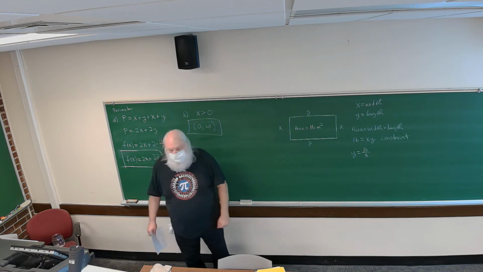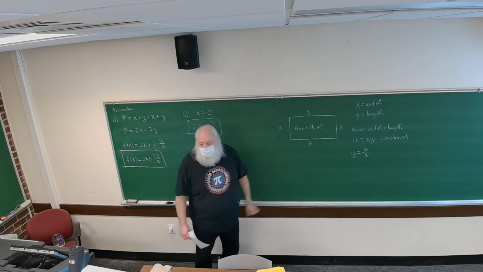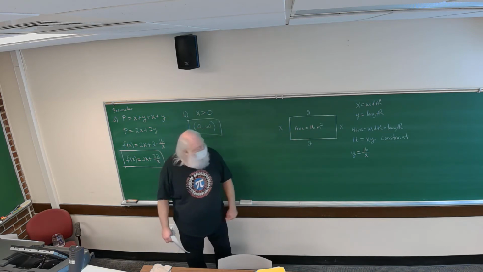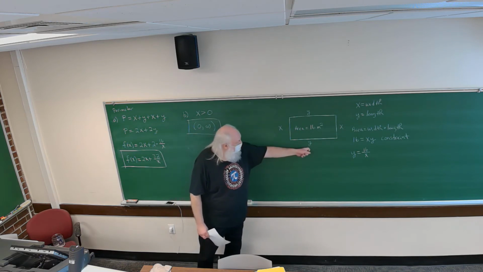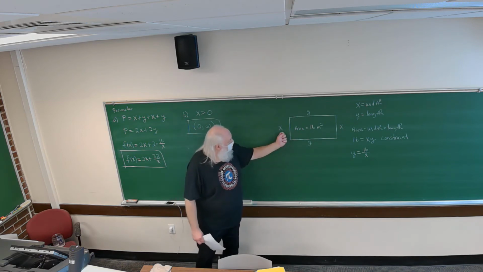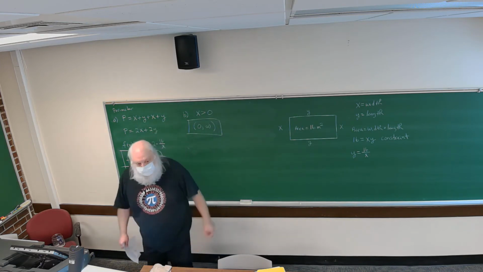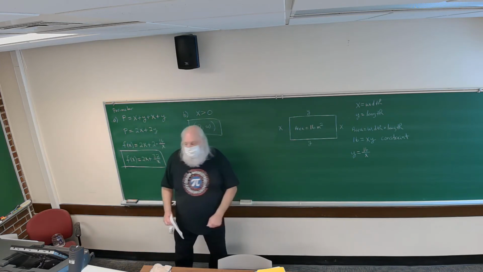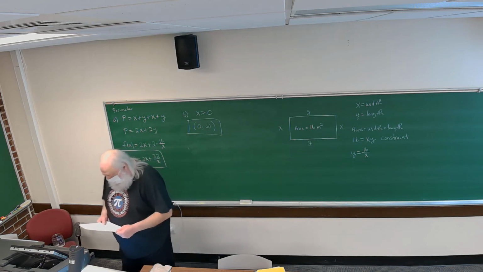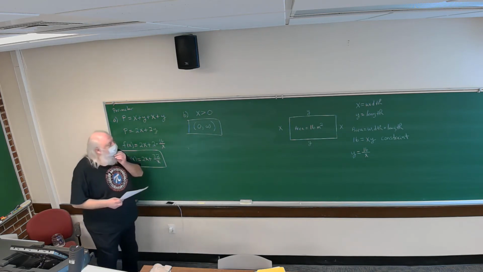So there's no limit to how big x can be. The larger x is, the smaller y will be, but their product will still be 16. Any questions on that?